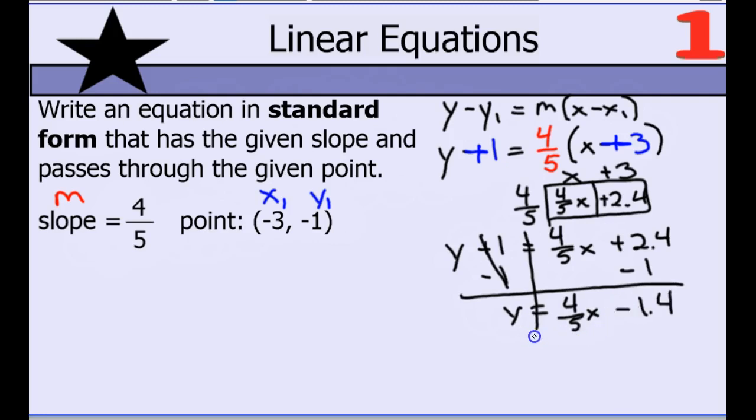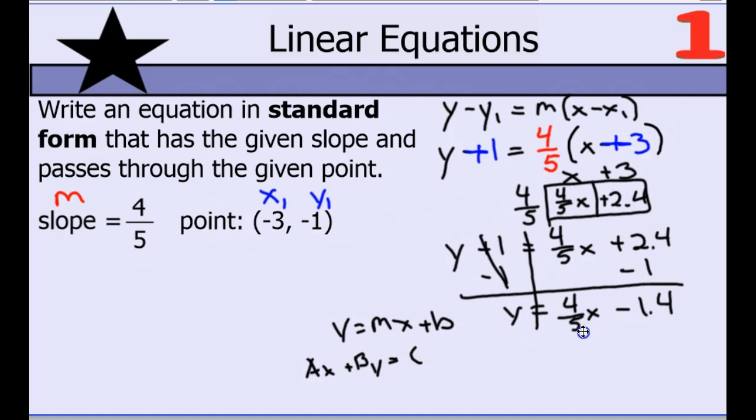This is slope-intercept form, which is y equals mx plus b. What we need to do is get it to standard form, which is ax plus by equals c.